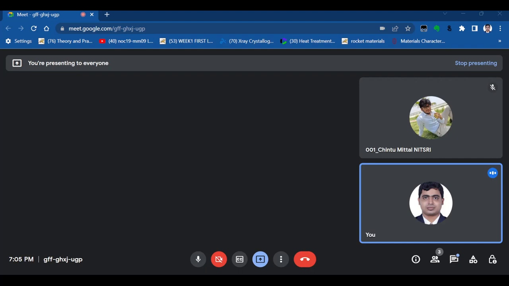So you can directly write sigma max minus sigma min equal to sigma ys. This is one form of Tresca. Also you can write sigma max minus sigma min by 2 equal to tau max. These are the two forms of Tresca criteria.